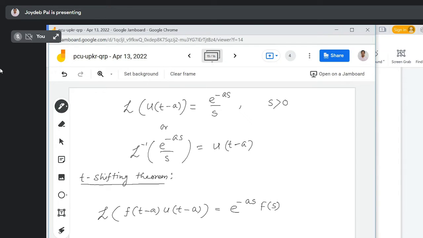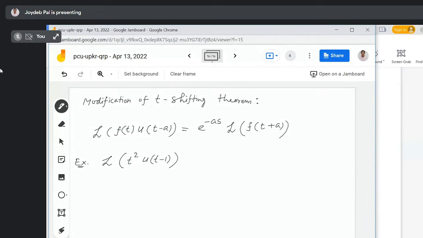But the problem is not given in the original form. u(t minus a) means the form is t minus a, but t square is not given in t minus 1 form. So we cannot say that it is of the form f(t minus a) u(t minus a).